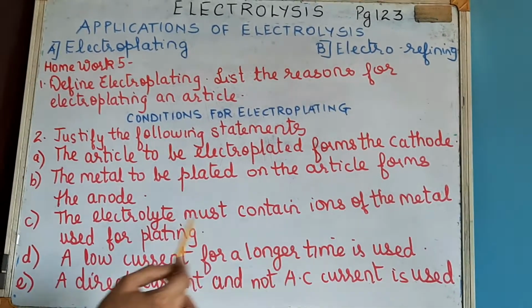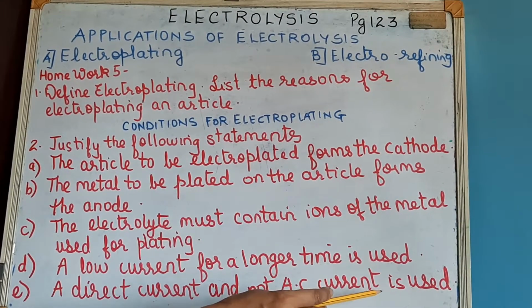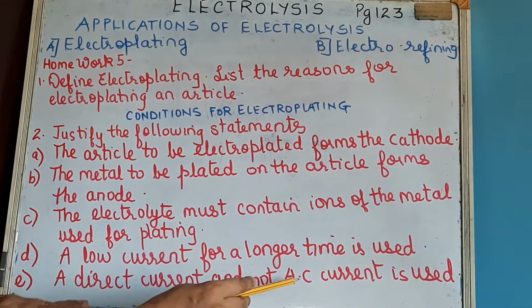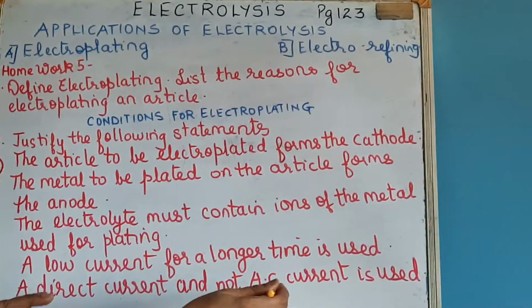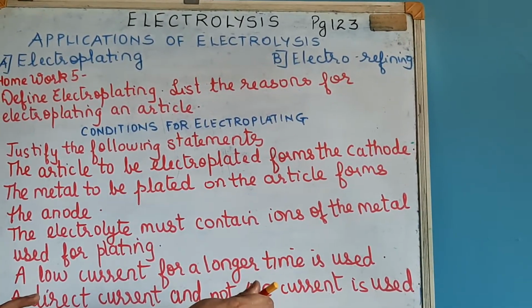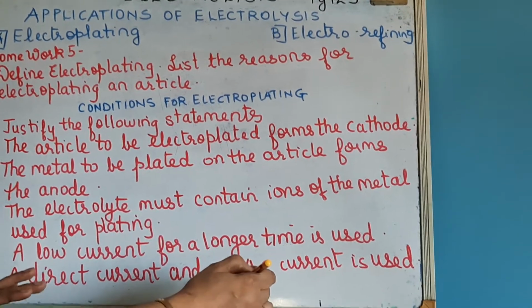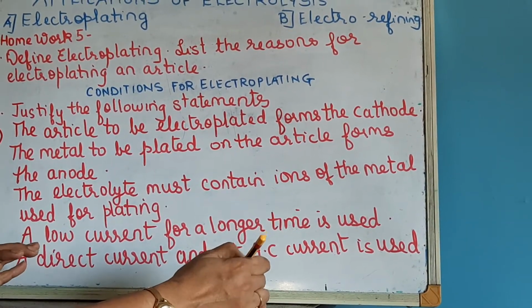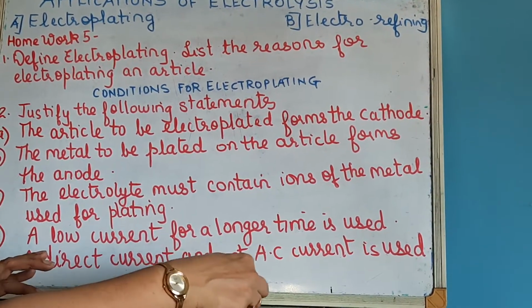Okay, clear? And fifth, a direct current and not an alternating current is used. Now what will happen if you use an alternating current? There will be continuous formation of ions and formation of neutral atoms, means the ionization and discharge processes. First ions are formed and then they are getting discharged. These two processes will keep on occurring alternately.